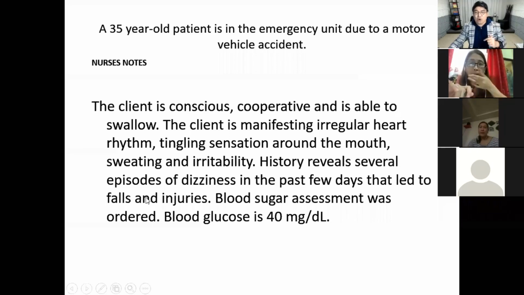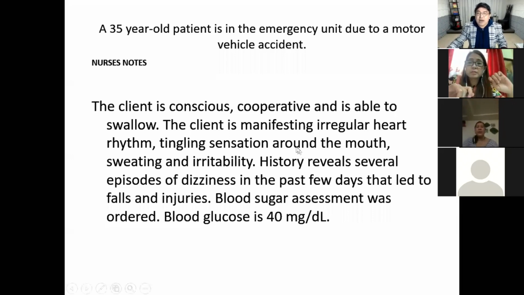And then bingo, you find out about an objective data. Blood sugar assessment was ordered. Blood glucose is 40. But if you don't know what the normal blood glucose level is, then you are in for some difficulty. So when you have hypoglycemia, the categorical data that you need to find out is that the blood sugar of the patient is usually less than 50 milligrams per deciliter.